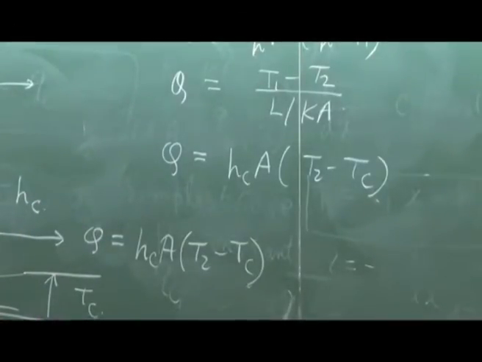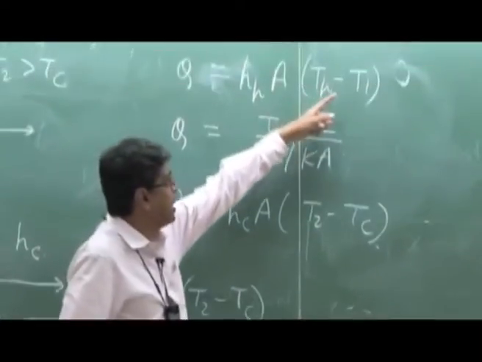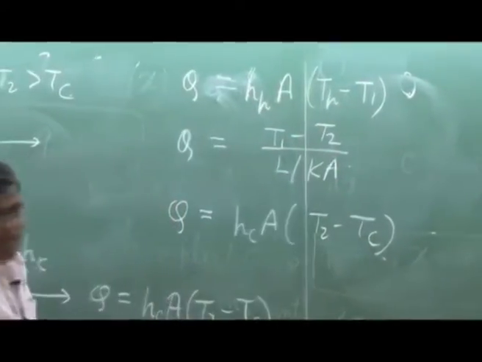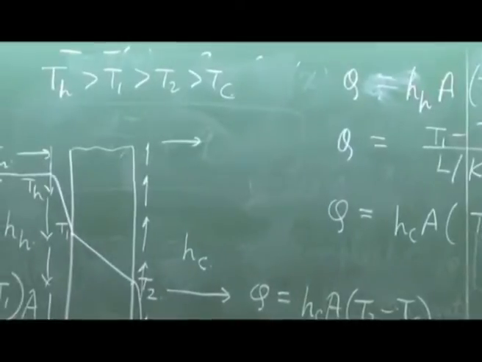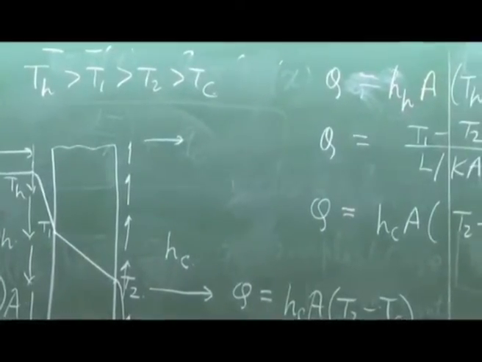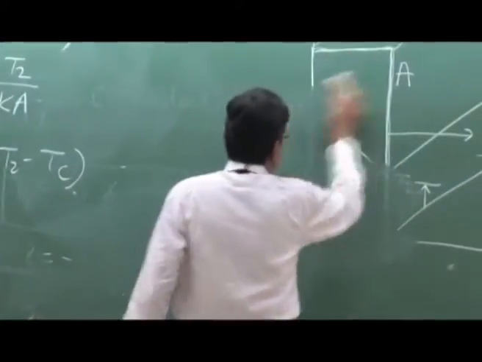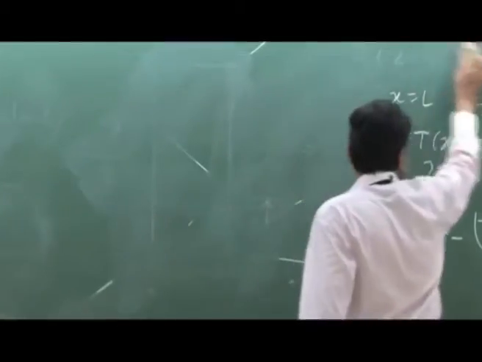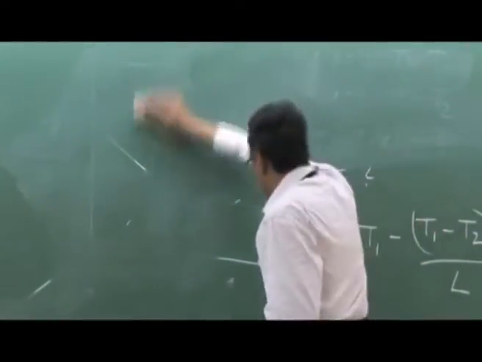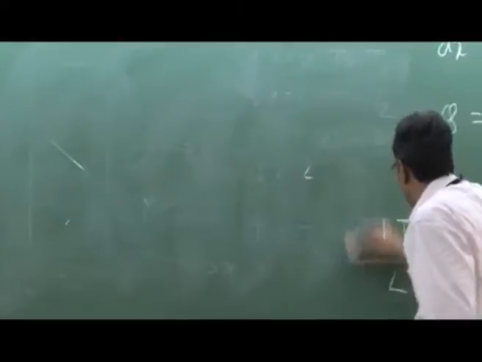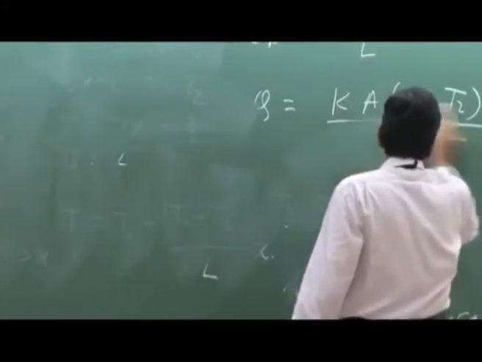Now, if we write the temperature differences in terms of the heat flux and add them up, what do we get? If we write all the equations and rearrange them in the fashion we did here, that flux is equal to the potential difference divided by the resistance.